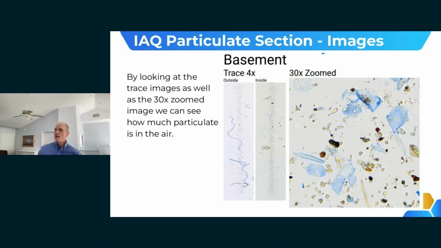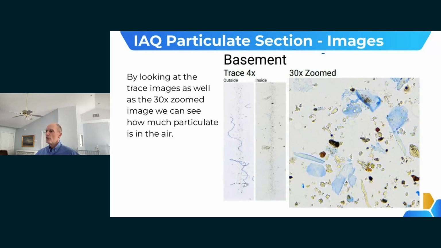How dirty is that air? And I would say by looking at this, the air is pretty dirty. Ideally, there's nothing or almost nothing on this trace for the inside. Then we have the zoomed in image. You can see these light blue square or oval things. These are human skin fragments.